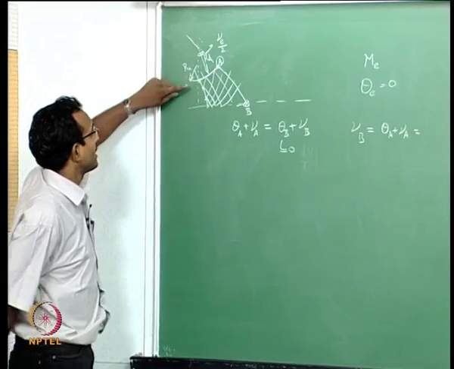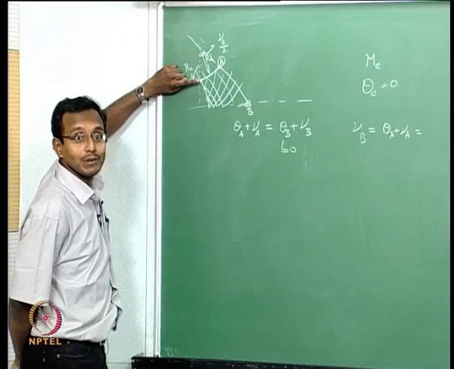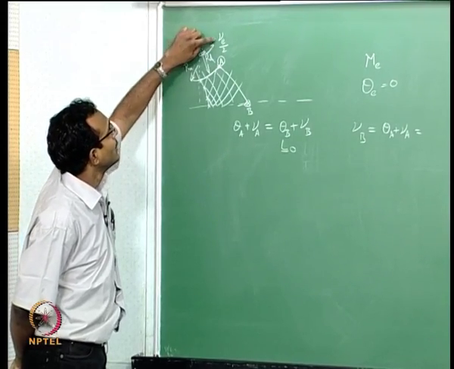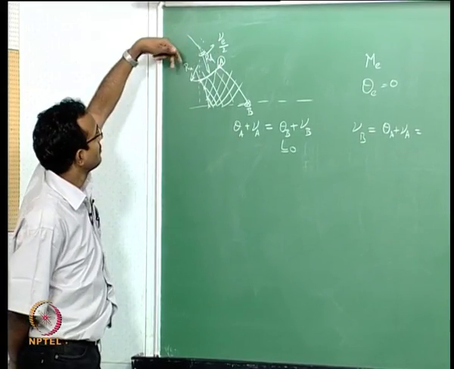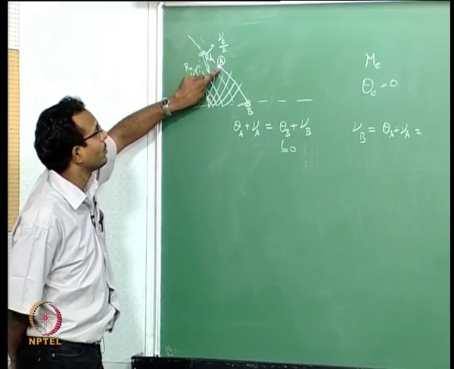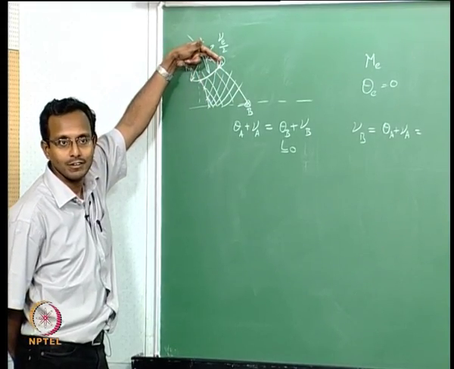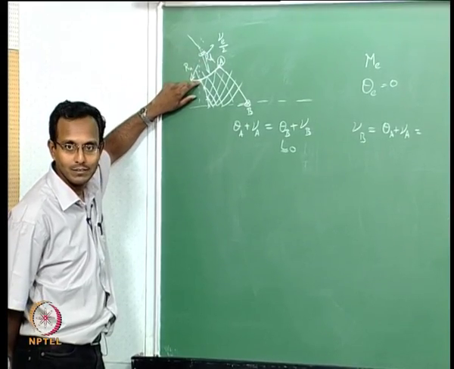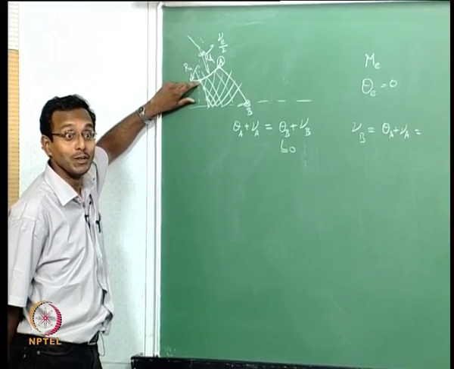Now, I said we are starting from parallel to the axis where theta equal to 0 and rotated by nu exit by 2 angle, which means that theta at this point, since it is an isentropic expansion around the corner, is going to be the same theta and same nu. I started with M equal to 1, theta equal to 0. M equal to 1 corresponds to nu equal to 0.